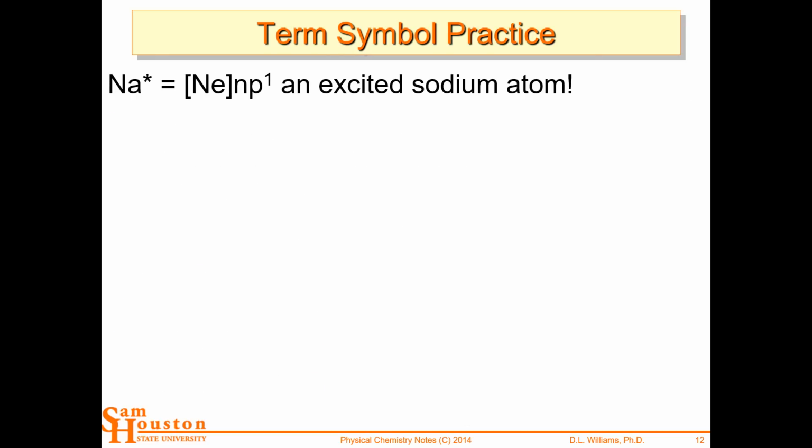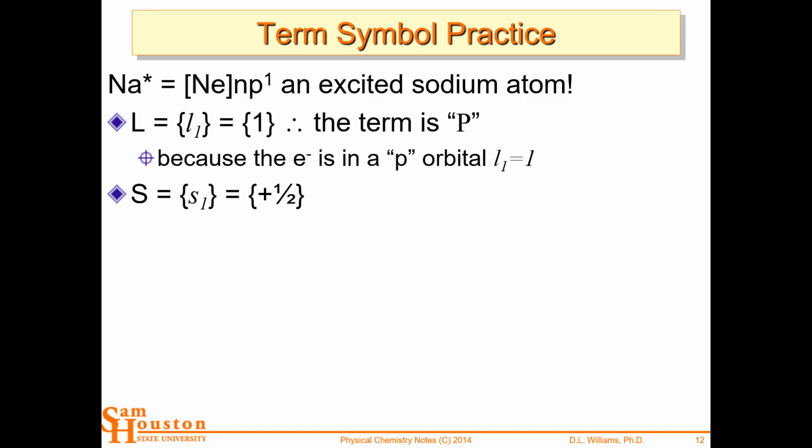Okay, let's now excite that atom by moving that electron to a p orbital. Things get a little more interesting. Okay, we have now an electron in a p orbital, so sp, L is 1. Okay, and so capital L is going to be P. Then we have the spin, still 1/2. Okay, 2S plus 1 is a doublet, 2.